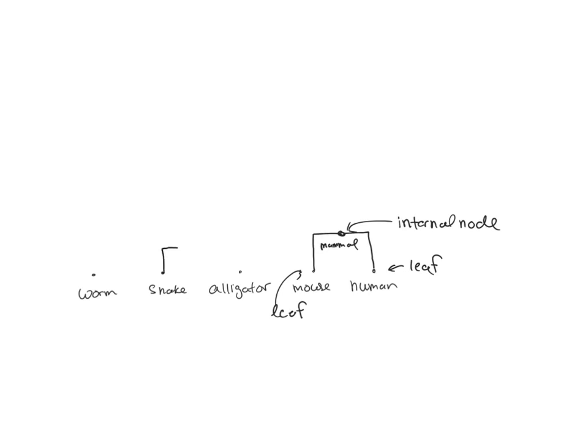Snake and alligator are related. This is some ancestral reptile. Here's another internal node. Then reptiles and mammals are related. They're both vertebrates. So there's a vertebrate. Here's another internal node.